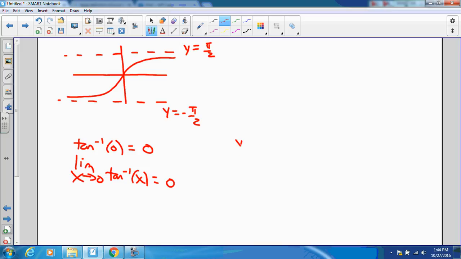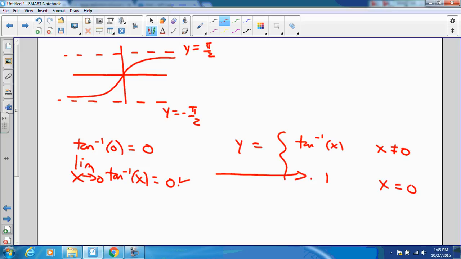And therefore, when I consider our function y equals inverse tangent of x for x not 0 and 1 when x equals 0, it's really clear that my function's limit is a different value than my function's value.